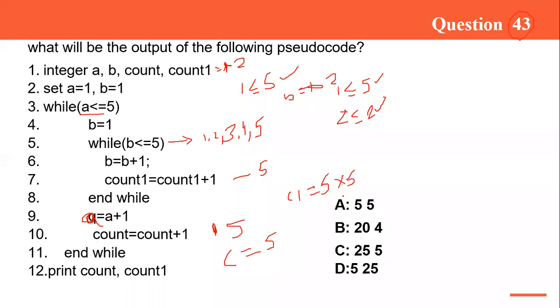I hope you understood that. Is it clear, everyone? Count 1 will be 5 into 5, which is nothing but 25. I hope everyone understood that. Got it, everyone? Clear, I hope. The answer is 25.